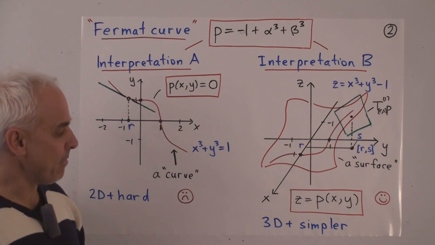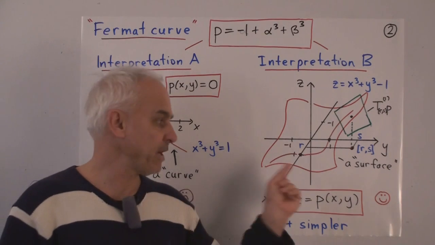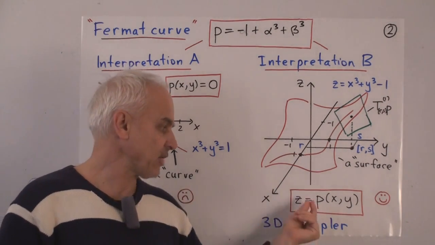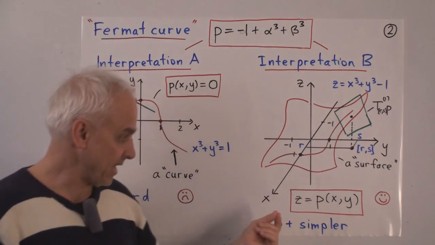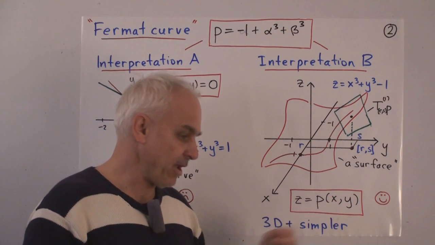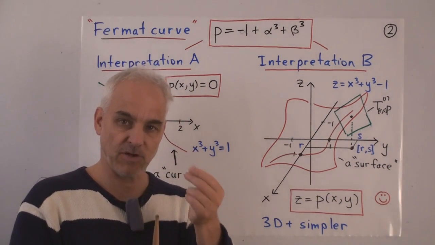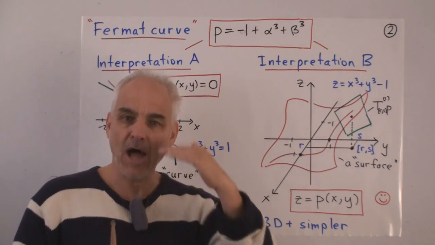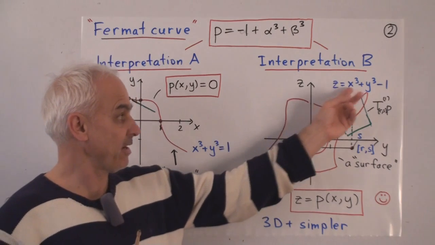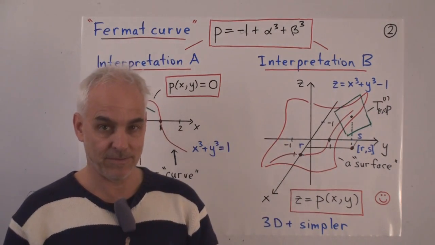So admittedly, it's more difficult to visualize. But there's an important way in which this picture is simpler than this one. And that is that this is actually a function, in the sense that if you're given any value of x and any value of y, you just compute the value of z to find a point on the surface. So we can find lots of points on the surface very easily, because this is just an equation that can easily be used to generate triples x, y, and z.